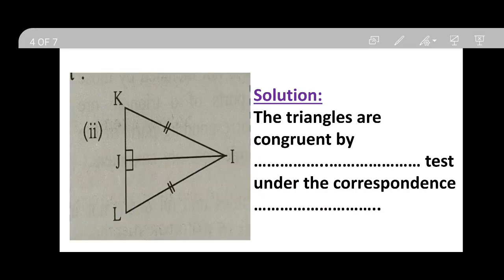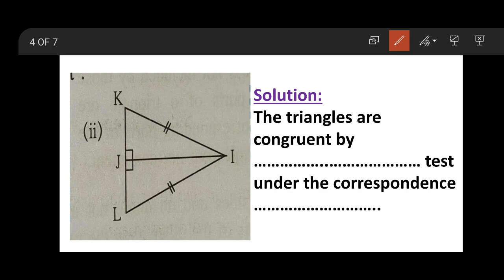Observe the second figure now. Which test does it go for? Observe the figure. You can see 90-degree angles, means right angle triangles. Both the triangles are right angle triangles. It means hypotenuse side theorem. See whether it applies or not.